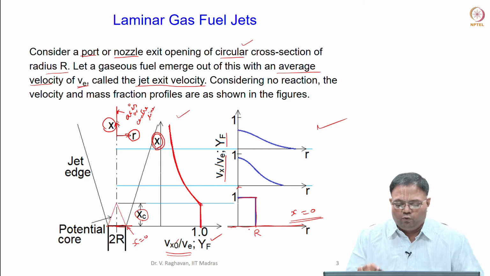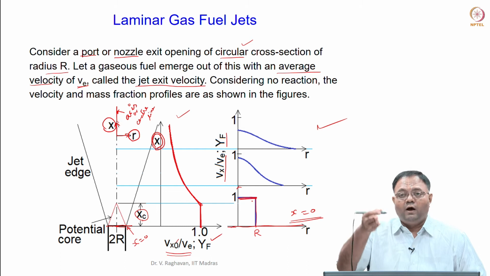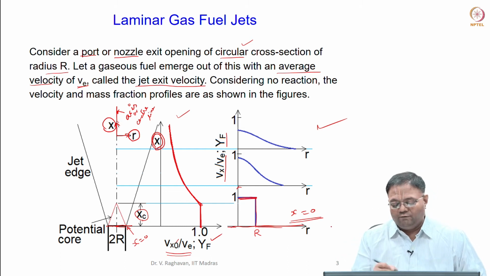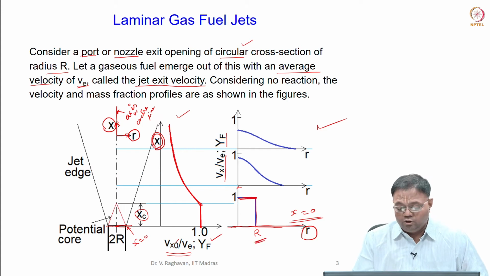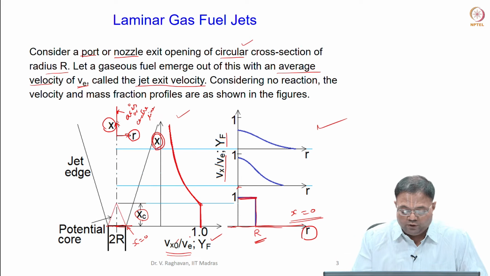Basically, it is a uniform flow which is coming out. So, in the uniform flow, the value of Vx by Ve is 1. Similarly, the mass fraction of the fuel is 1 and it goes to 0 at R. After that, when the radial distance is greater than the radius of the port, the value goes to 0, because obviously there is nothing coming out there.